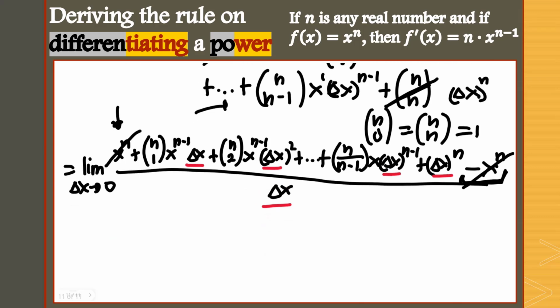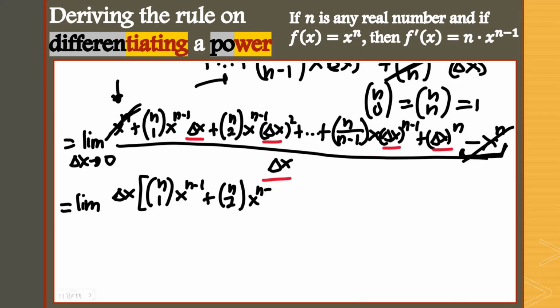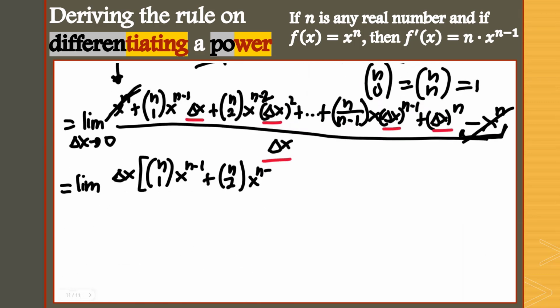So what's the next step here? This should be the limit. Since this is already removed, you factor delta x on all the terms in your numerator. So you will have here, still n taken 1, but x to the power of n minus 1 now. Plus n taken 2, x to the power of n minus 2, once you take out 1 delta x, you still have delta x here.